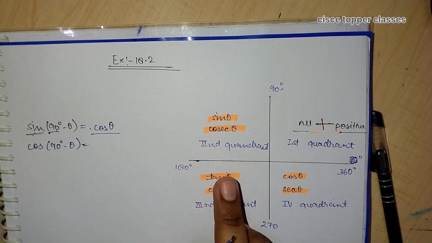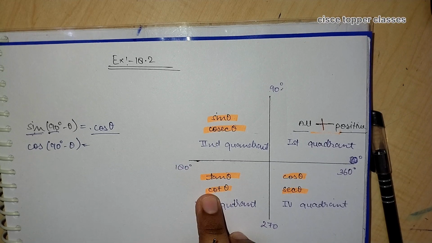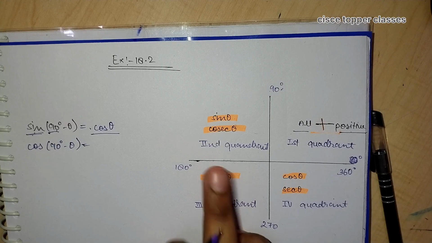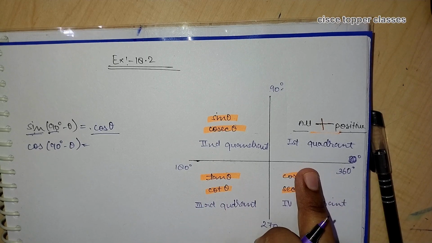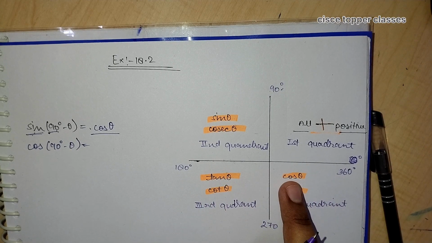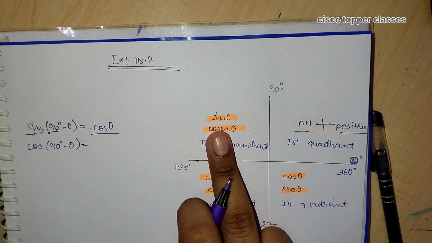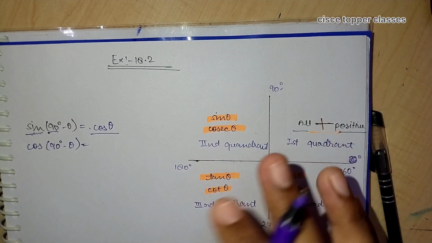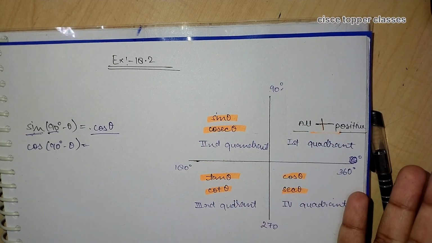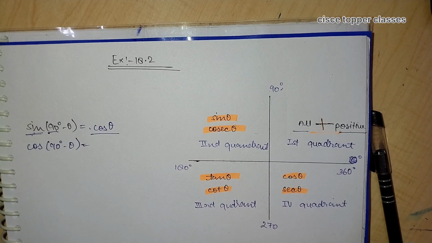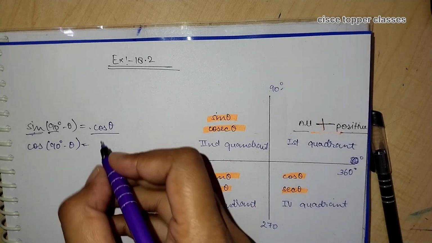And again here tan theta is there, then it will be changed in cot theta, and if cot theta is there, it will be changed in tan theta. Here also, if we write cosec theta, it will be sec theta, and if we write sec theta, it will be cosec theta. So I will explain you here.